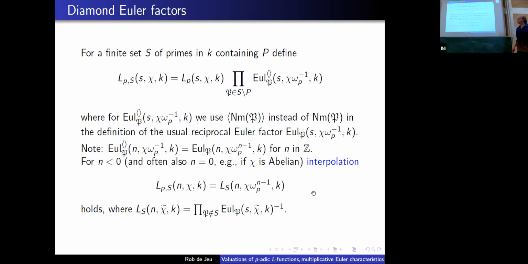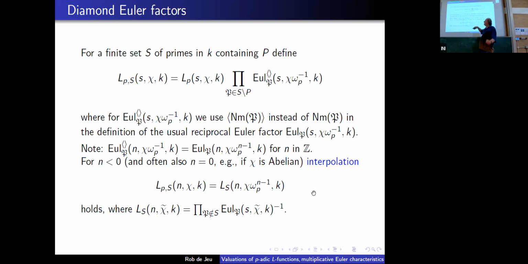So once you've done that, you've now extended your interpolation formula from the full p-adic L function to the truncated ones. So again, you get the same kind of formula as before, if I go from the p-adic world to the classical world with this omega p and minus 1. Okay, so in the process, you've used Brauer induction.